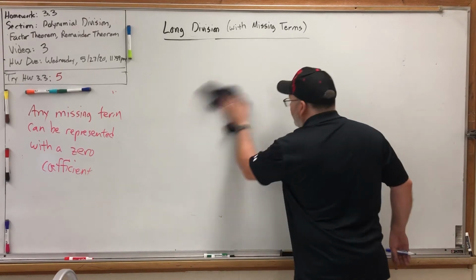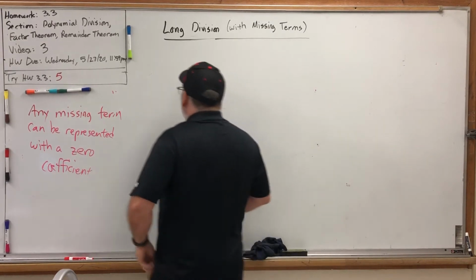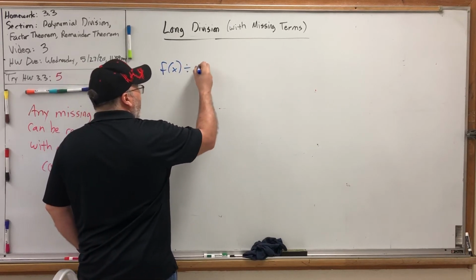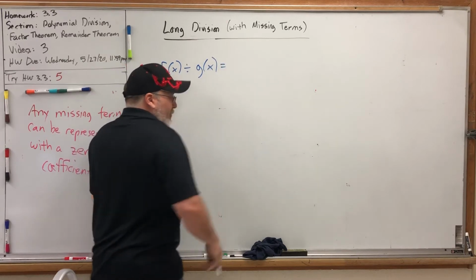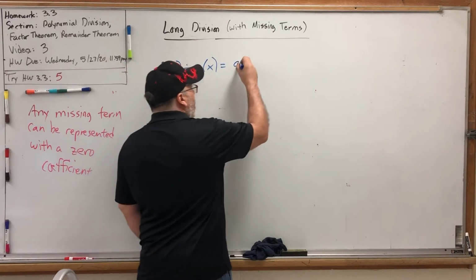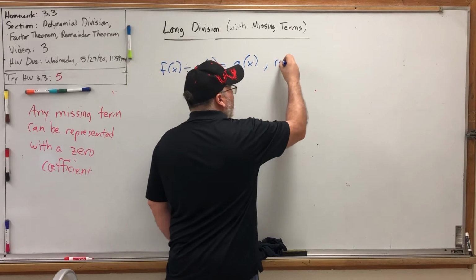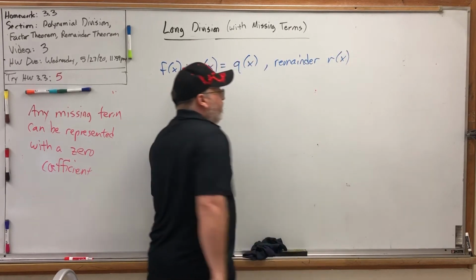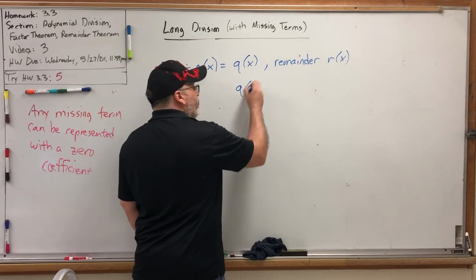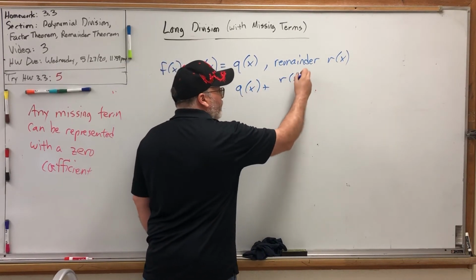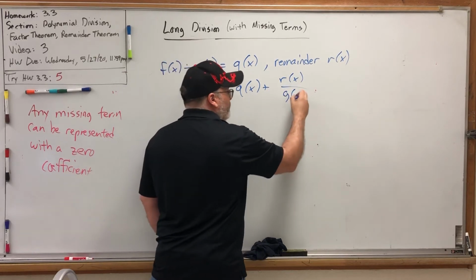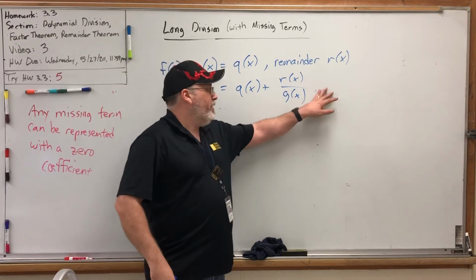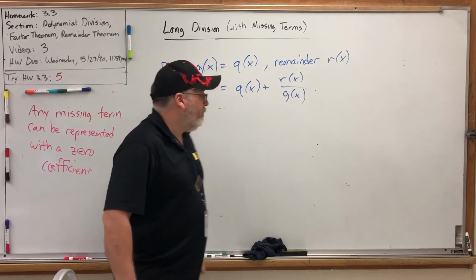If your claim is that one function f of x divided by another function g of x is equal to some quotient, which we'll call q of x, with remainder r of x, I could also write the quotient plus the remainder on top of the divisor, g of x. So we could write the answer both ways, although I prefer the fraction way. We're just saying that this is the remainder two different ways.